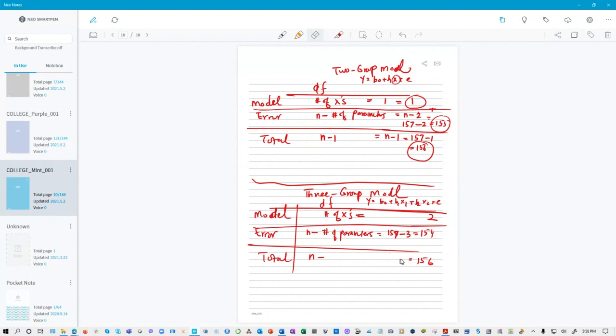N minus 1, which is 157 minus 1, which is 156. See? Now it's right. It is not based on the number of parameters, they get cancelled off.